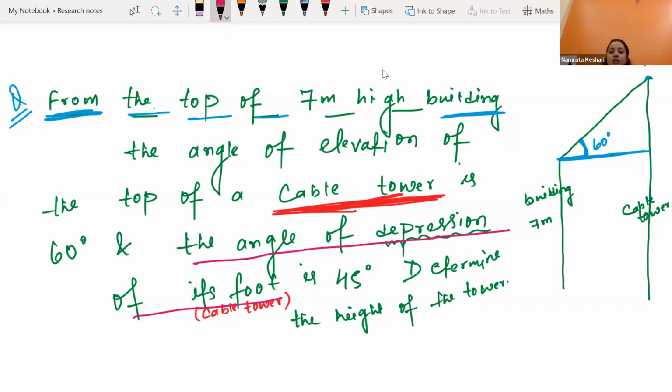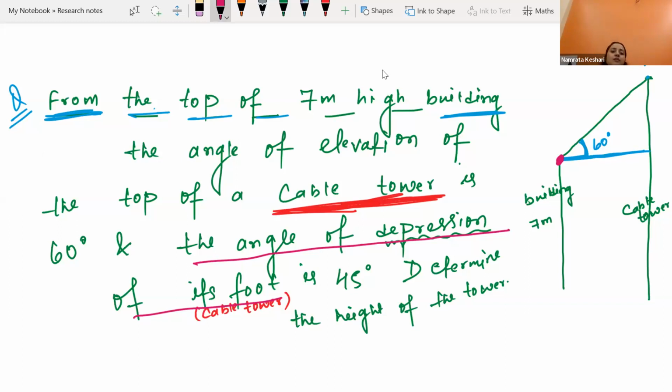Okay, is 45 degrees, from the same point, the building top. The angle of depression to its foot means the cable tower. We were talking about the cable tower and in the next statement we are saying its foot. Of course, cable tower's foot. This cable tower, I have written it in brackets so that it will make sense to you.